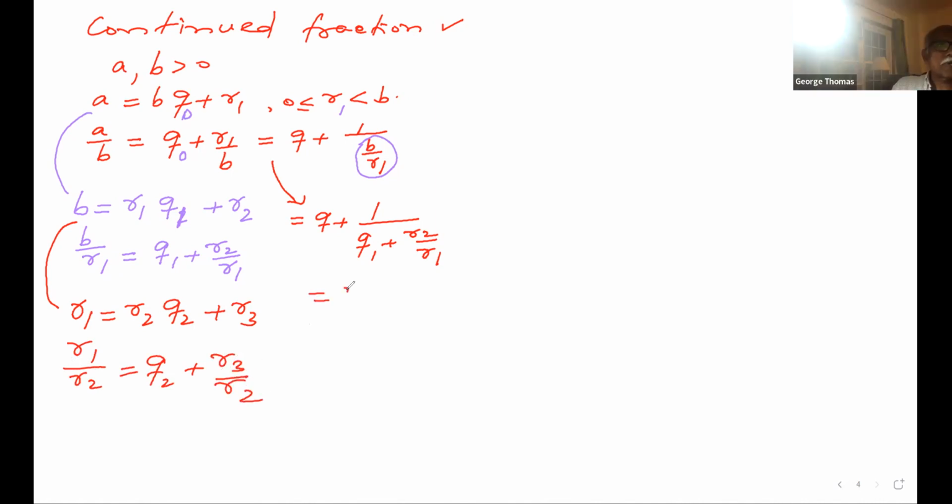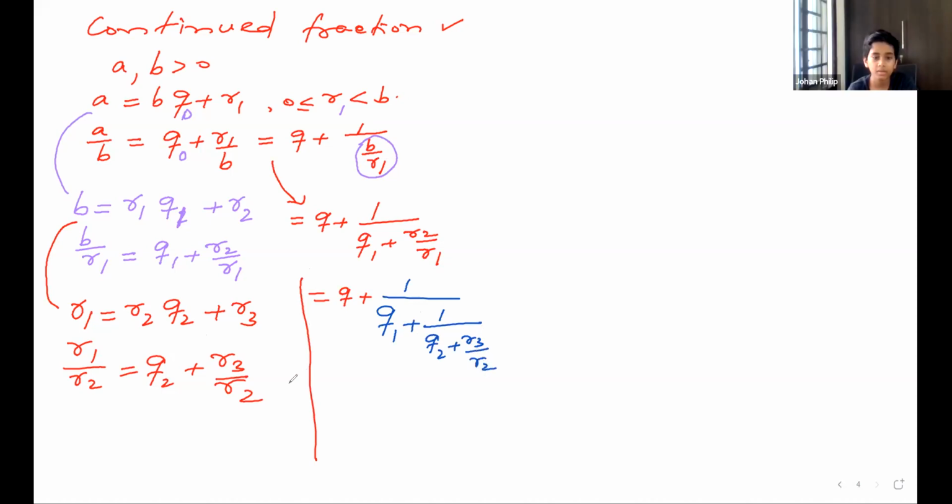So this becomes Q plus 1 over Q1 plus R2 over R1, which is 1 over Q2 plus R3 over R2. Get it? Continued fraction, sir. Did I make a mistake? No, sir. It's a continued fraction. Say that again, sir. I couldn't understand the purple part.